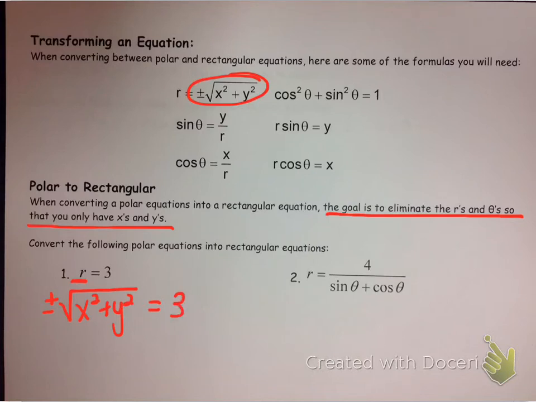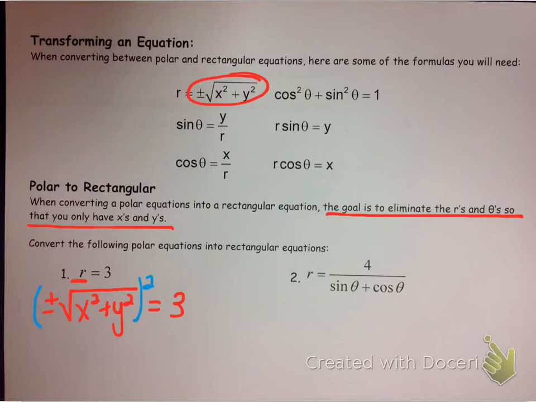But in this case, it would help me a little bit if I would simplify just a tiny bit, because I've met my goal. I've gotten rid of r, there was no theta, and now it's just x's and y's, but it doesn't look like the equation to a circle. So what would I do to get rid of the big square root on the left side? Hopefully you're thinking to yourself, or you answered out loud, that you would square both sides.